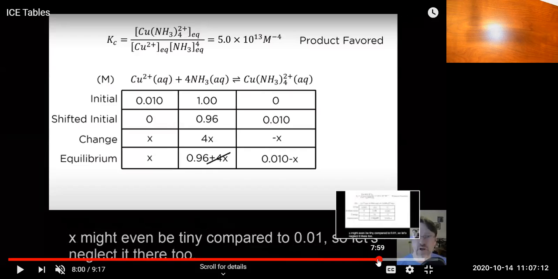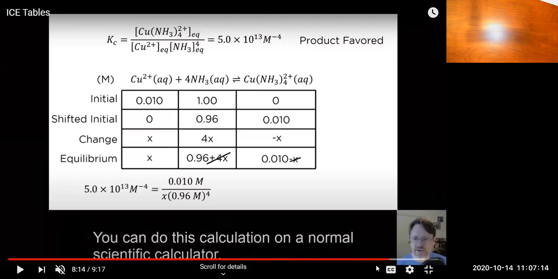So we strike them both out, and that makes our resulting equation, when we plug it in for our Kc expression here, much easier. The only place the x appears is right here in the Cu2+. This now is something that you don't need Wolfram Alpha for. You can do this in a normal calculator.